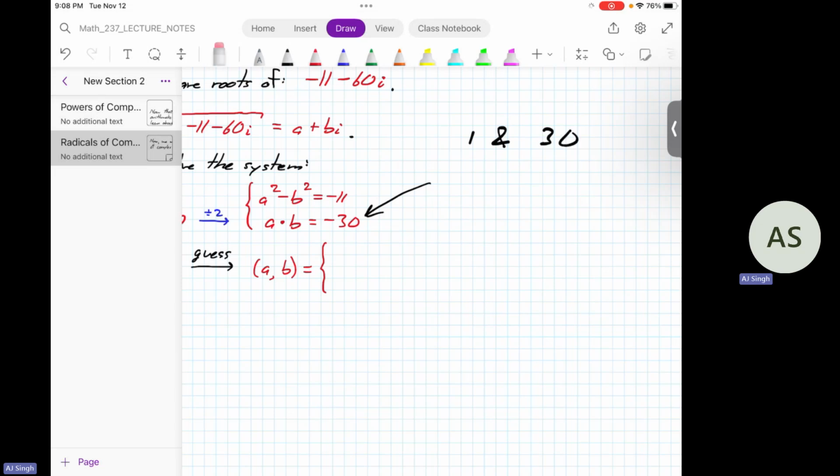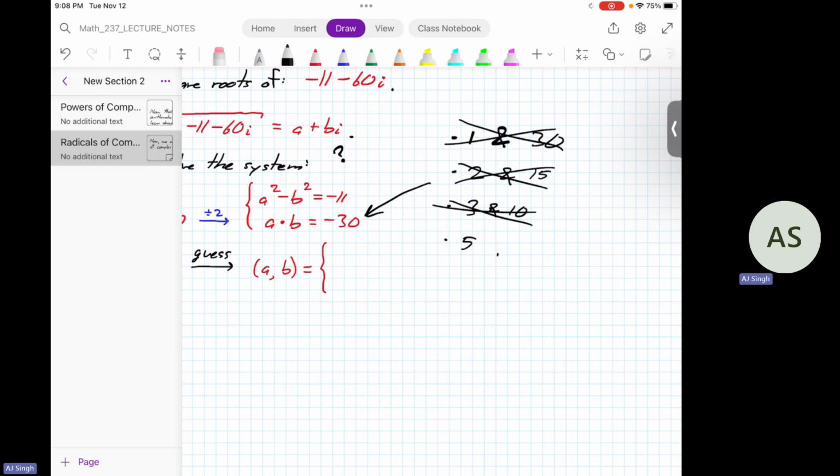Well, I don't really need the negative, but I will eventually, but not right now. 1 and 30, are these two numbers somehow going to satisfy this equation? No way, right? 30 squared is like 900. So there's no way a squared minus b squared is going to be 11. So that can't be it. 2 and 15. 15 squared is over 100, so no way, that's not it. 3 and 10? No, 10 squared is 100. That's way too big.